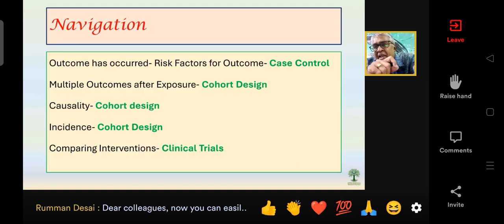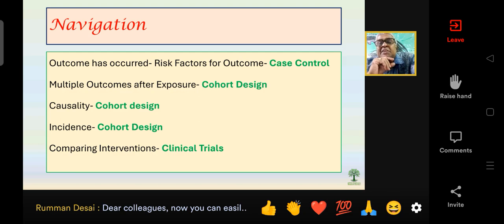Outcome has occurred. I'm looking to see what risk factors exist for that particular outcome, or what risk factors are associated with that particular outcome. A case control design. My question says there is an exposure to a factor, and I'm looking at multiple outcomes after that. Cohort design.